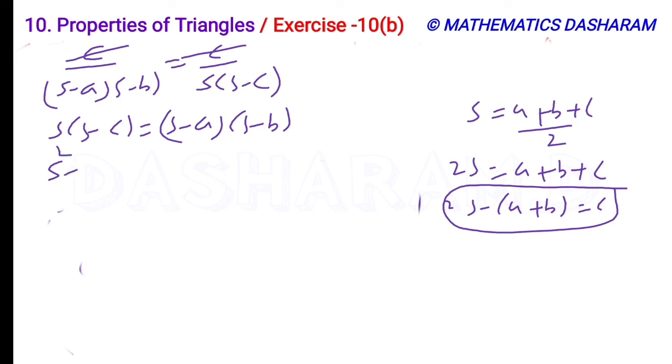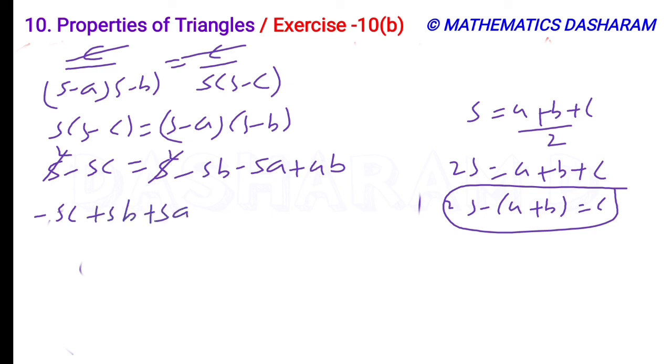s into s, s squared minus sc, equals s squared minus sb minus sa plus a into b. The s squared cancels, minus sc. So do one thing, plus ab transposes to the other side, so minus sc plus sb plus sa equals a into b.